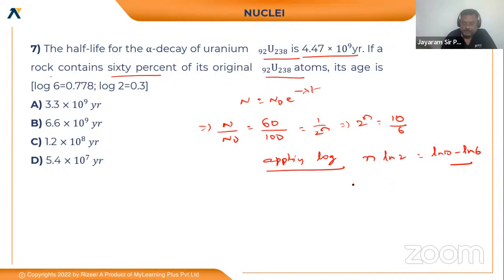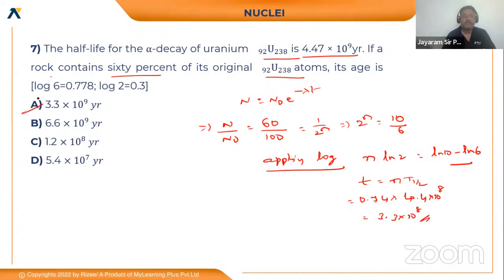But you need to just substitute these values: log 2, log 6, log 10, all these values you need to apply. Then you will be getting the time t is equal to n times t half, which is equal to 0.74 into t half, 4.4 into 10 to the power of 8, which is equal to 3.3 into 10 to the power of 8. This is the condition.